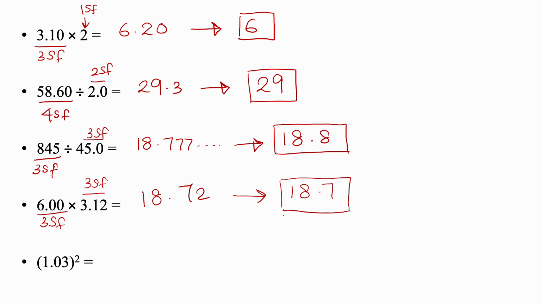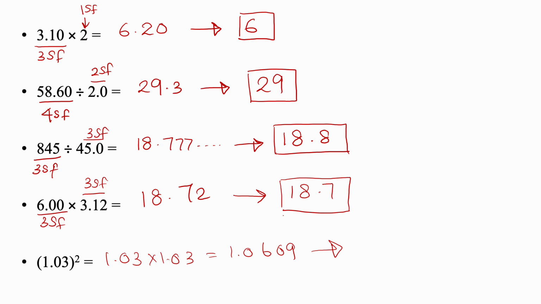When you multiply 1.03 by 1.03, your calculator gives you 6.0609. All the zeros here are significant, so you have 1, 2, 3, 4, 5 significant figures in the answer.